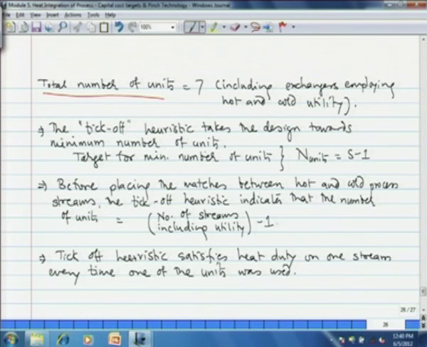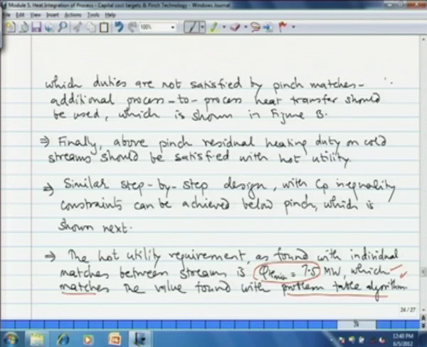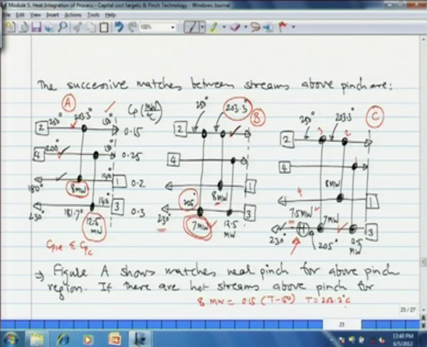The Tickoff heuristic takes the design towards the minimum number of units. When we use the graph theory, we found that the minimum number of units was S minus 1, and this is what we seem to achieve exactly. For above pinch region, we had totally 4 streams and 4 stream plus hot utility, so total 5 streams, and we ended up with 4 exchangers.